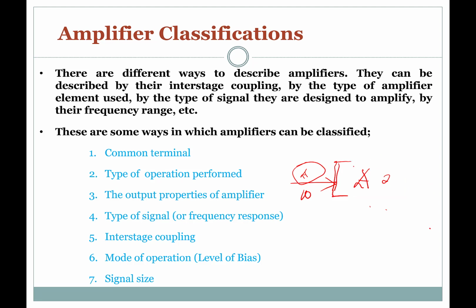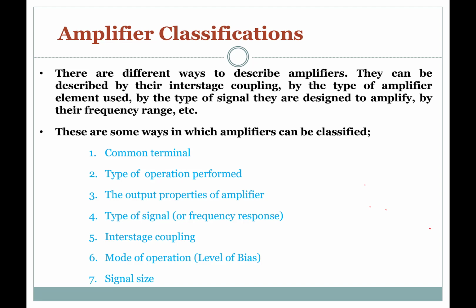Now let's move on to the main topic of the day, which is amplifier classifications. Yes, there are different ways we can describe amplifiers. If you have looked at amplifiers that were built from BJTs or FETs, you realize that these amplifiers come with different common terminal configurations.